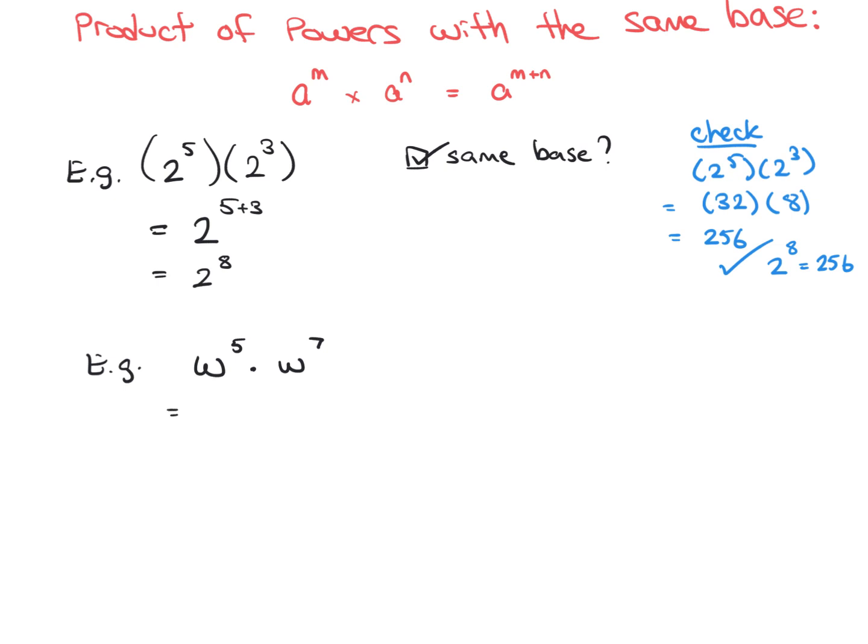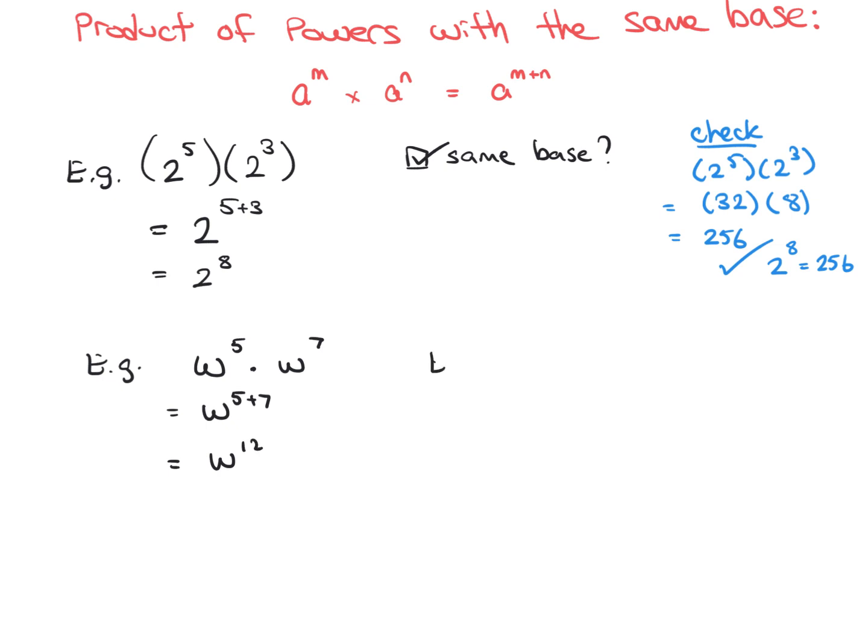If I have to simplify that, I ask the question: do they have the same base? Yes, they both have the base of W. So I can add the exponents together. 5 plus 7 is 12, and the answer would be W to the exponent of 12.